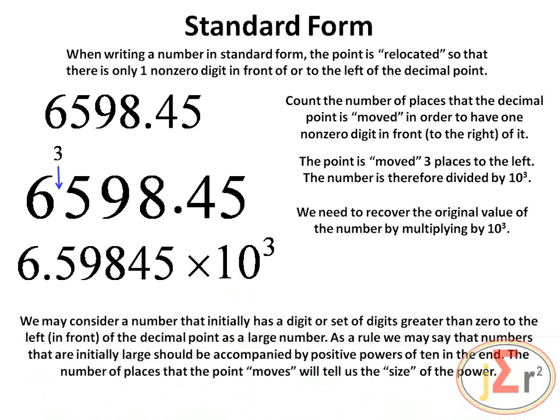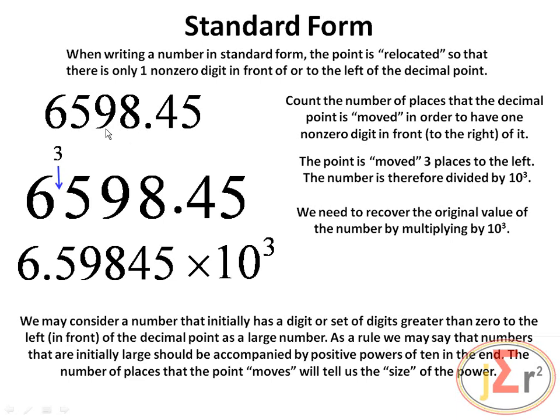We may consider a number that initially has a digit or set of digits greater than 0 to the left of the decimal point as a large number. As a rule, we may say that numbers that are initially large should be accompanied by a positive power of 10. That is, after we have written it in standard form, any number that is classified as a large number, like this one, is a large number because it has non-zero digits coming before the decimal point.